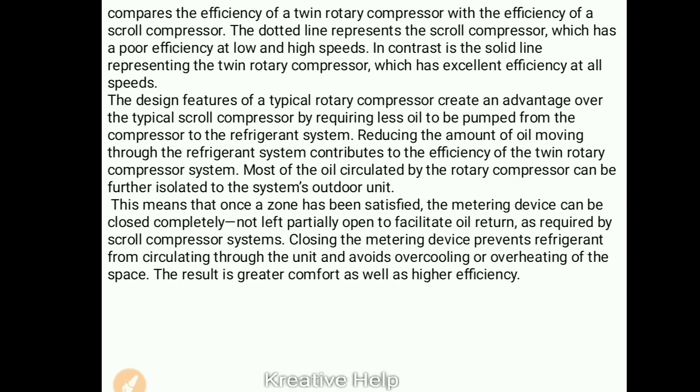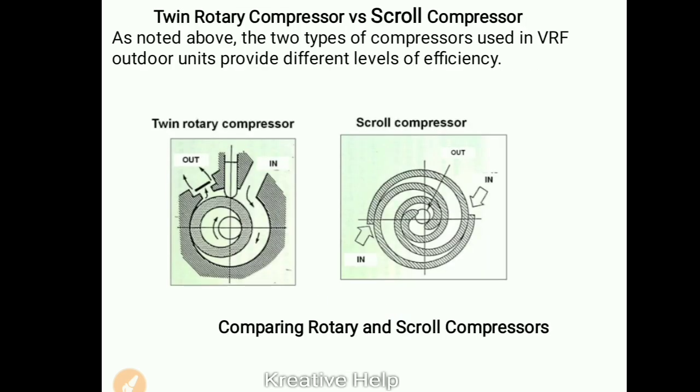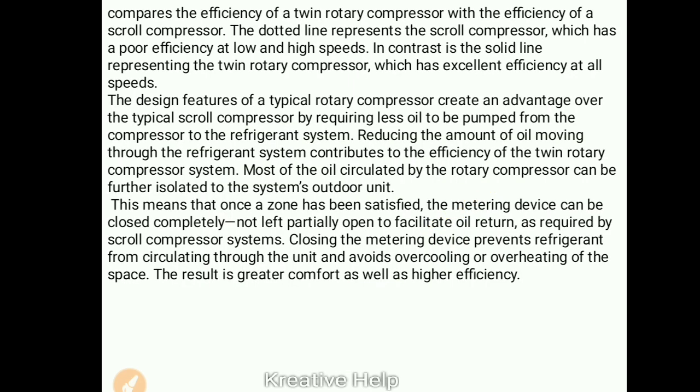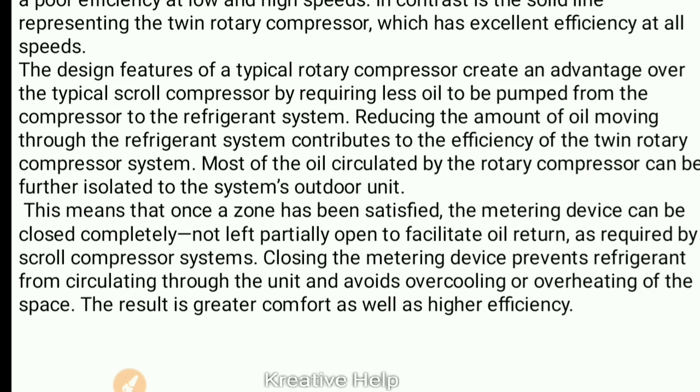The dotted line represents the scroll compressor, which has poor efficiency at low and high speed, in contrast to the twin rotary compressor, which has excellent efficiency across speeds. So if twin compressors are there, it will work very well. The design feature of a rotary compressor creates an advantage over the scroll compressor: it requires less oil to be pumped from the compressor into the refrigerant, reducing the amount of oil moving through the refrigerant and contributing to efficiency.